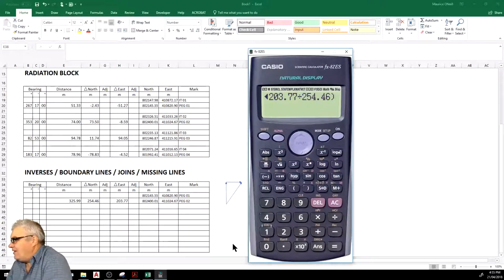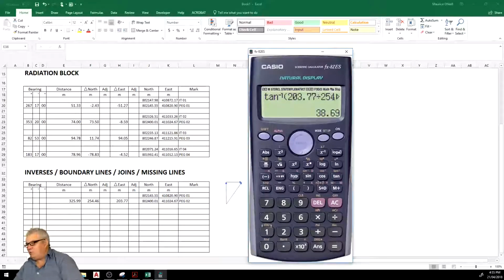I think that's good to go. Enter, and that gives us 38.69.